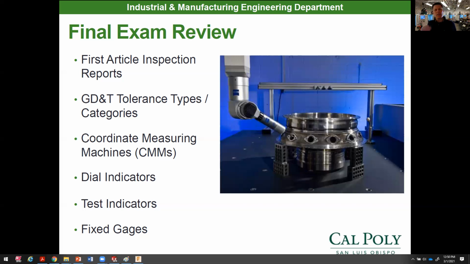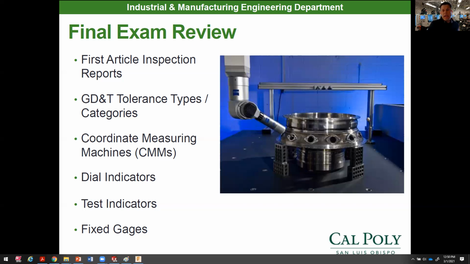So their test directions are different and they're used for different types of inspections. So that's going to be the dial and the test indicator. But we learned, hopefully, the cheapest and easiest way to inspect parts would be some sort of fixed gauge, most likely like a go, no-go gauge. Those fixed gauges have the material conditions put in them.